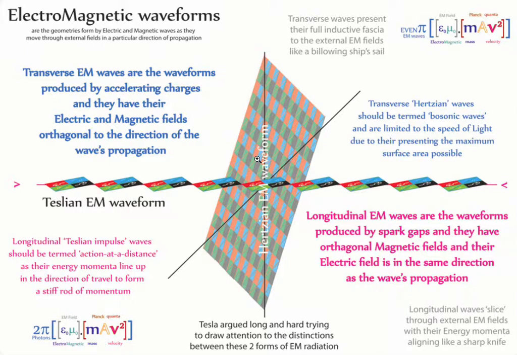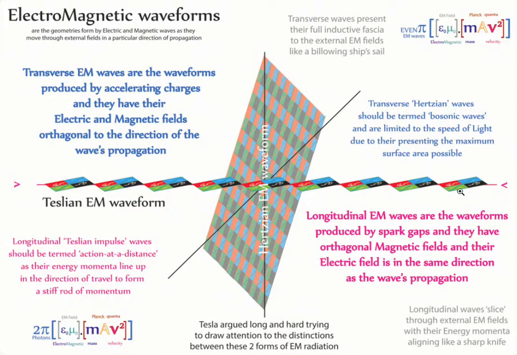There exists another form which was generated by Tesla through spark gap technologies. When the energy is released in this form, the EM wave geometry is distinctly different in that the E field and its energy momenta is in the same direction as the direction of propagation.